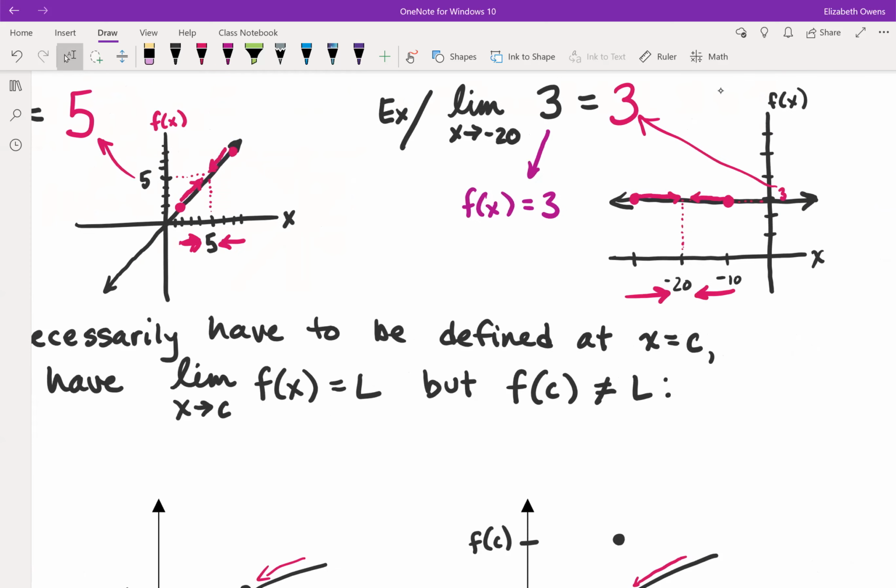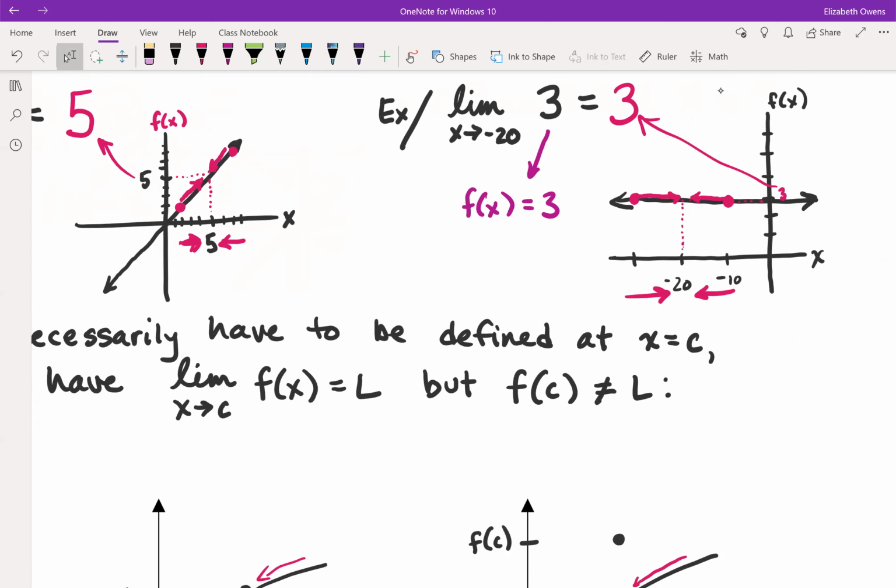On our unit step function here, we are not approaching the same value from both sides. One of our fingers is going in towards y equals 1, and our other finger is coming in towards y equals 0. So that's an issue.